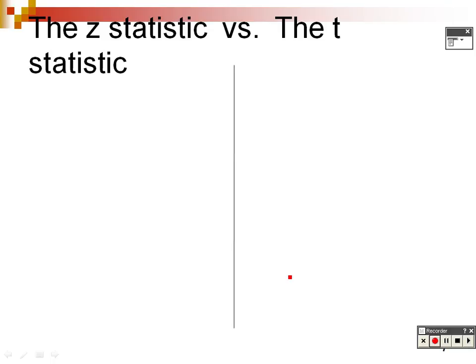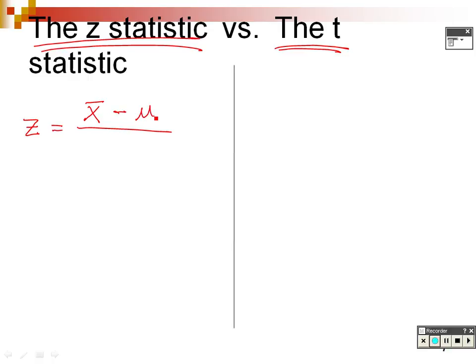Okay, so let's compare this new t statistic with the z statistic. When we want to calculate z, here's what we do. We take some statistic, we subtract from it the actual population mean, and then we divide by standard deviation over the square root of the number of samples.